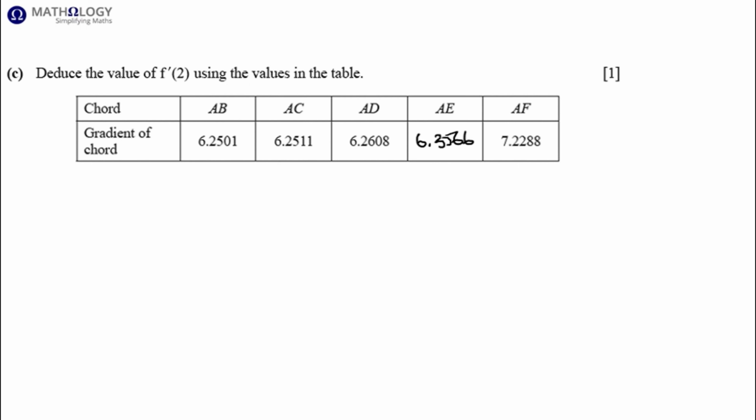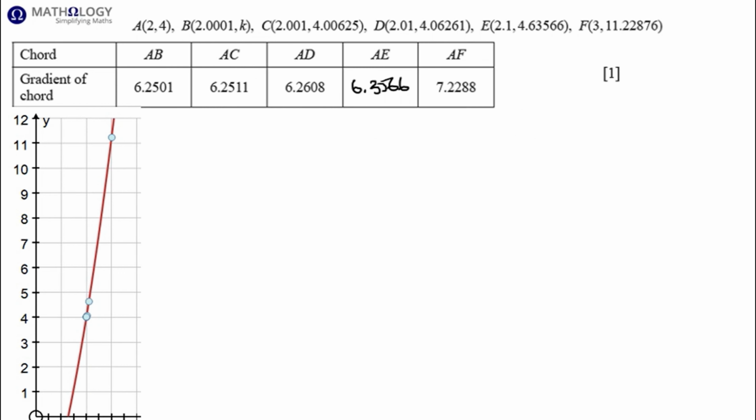It would be a lot easier to plot these points. It's not entirely necessary, but it will be much easier to conceptualize and visualize the problem if we plot the points A, B, C, D, E, and F on a Cartesian plane to see what is actually happening here. So we're going to do that. By plotting points A through to F, the difference in x values is very, very small, so you're not going to see it clearly on this graph.